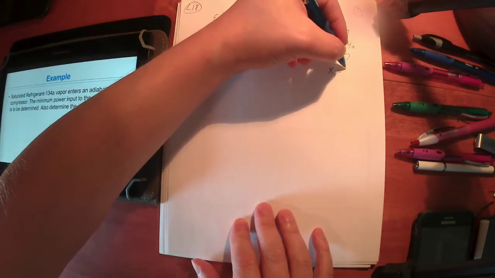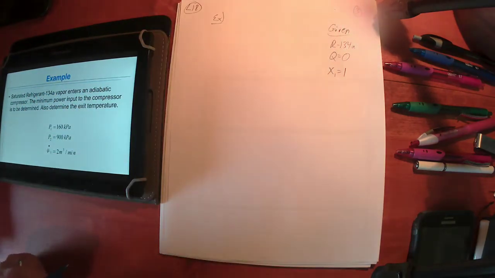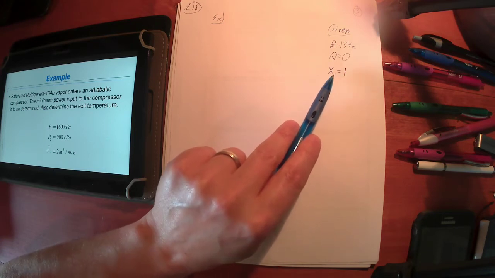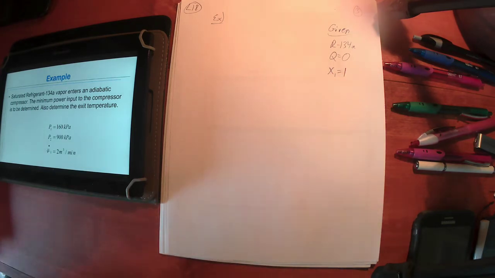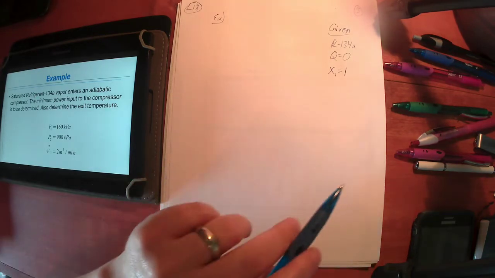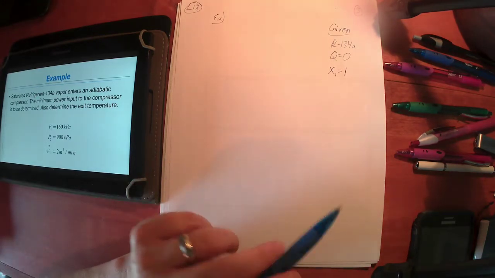So I'm just going to write that as x1 equals 1. You could write out the words saturated vapor. You're only going to use the quality whenever you're dealing with a saturated substance, and 1 means 100% in the vapor phase. This is 4 characters; if you wrote saturated vapor, that's considerably more characters.